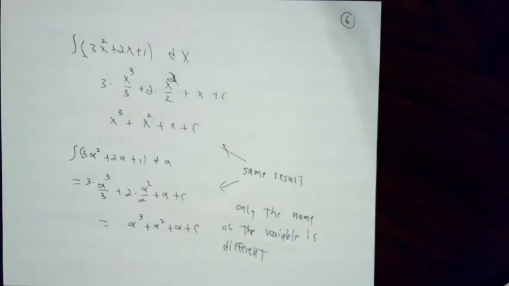So if you did the same integral except it was 3 gamma squared plus 2 gamma plus 1 integrated with respect to gamma, you would get the same answer because of the way the fundamental theorem of integral calculus works.